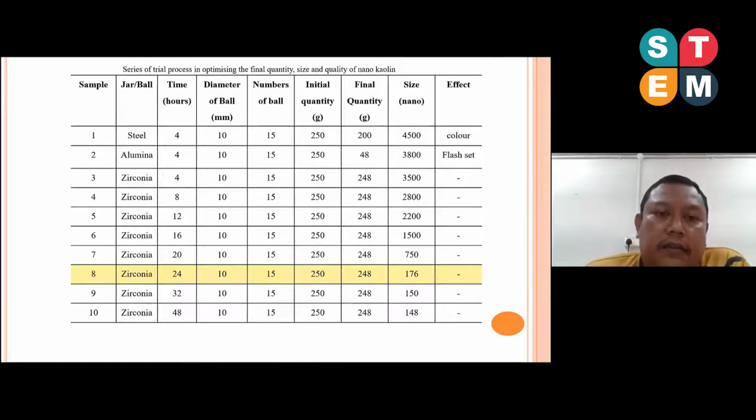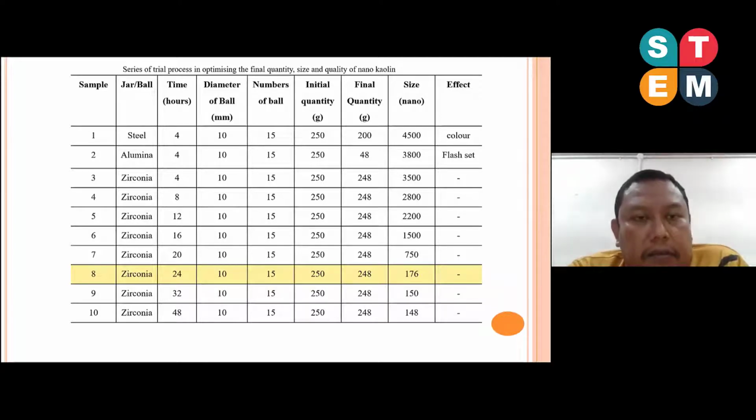So these are the processes of producing nanometakaolin. Again, the main idea of this research is to see the potential of local kaolin in Malaysia to produce advanced materials in nanoparticles, since in Malaysia we have a large quantity of kaolin.